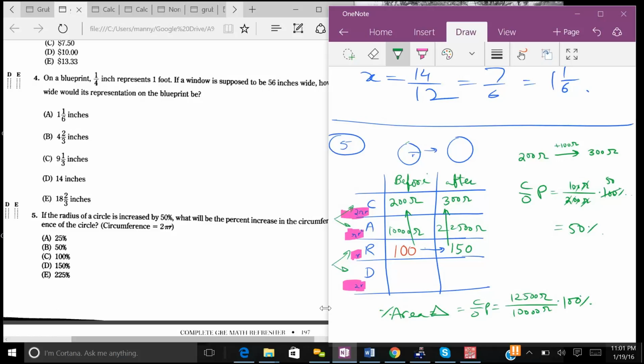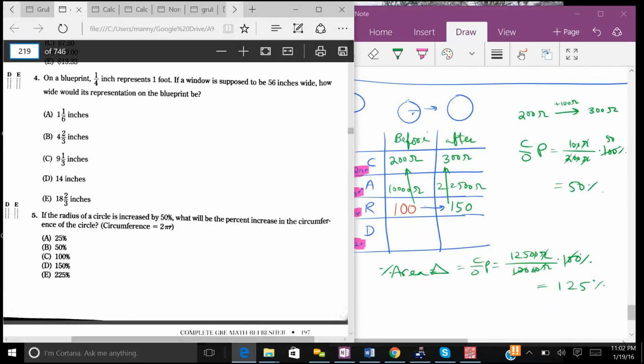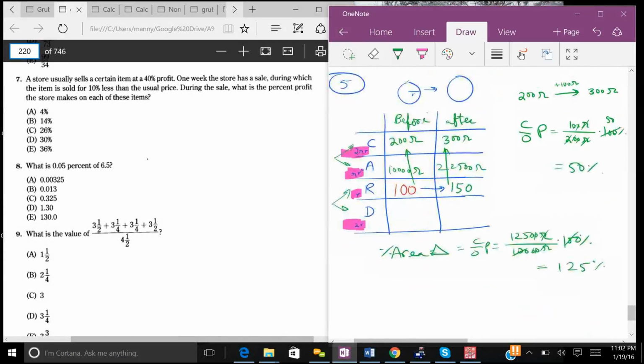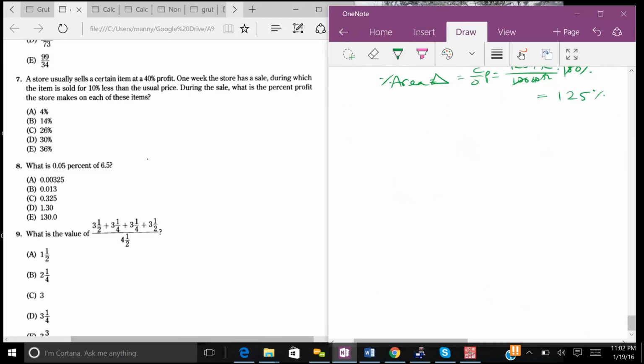When you reduce all these out, 0, 0, 0, 0, and the 100 and 100 cancel, pi and pi cancel, that's 125%. Is that clear? So you need to be master of 100, and we're going to do some apps using that. Go ahead and try number 7 first. You should use one of the apps I taught you.